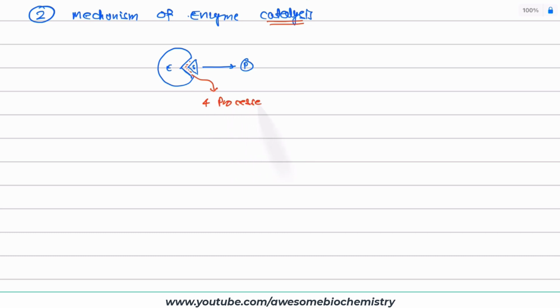It may be that only one process is acting, or multiple processes may be occurring simultaneously. So let's see what these 4 processes are. The first and most common process is acid-base catalysis. The second one is covalent catalysis.